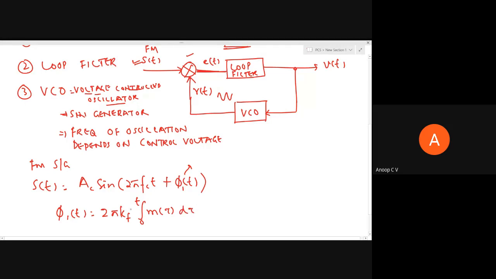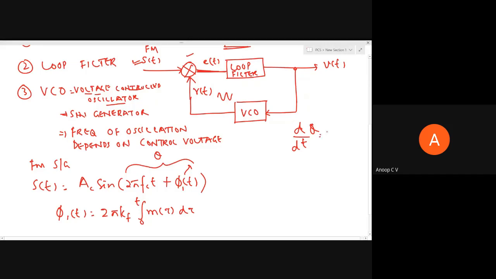If you forgot how it came, nothing. In frequency modulation, the frequency of the carrier is changed with respect to the message. So what is frequency? If you consider this entire thing as theta, the angle of the sinusoid, frequency is defined as d by dt of theta.